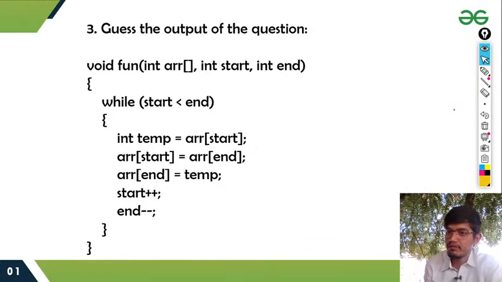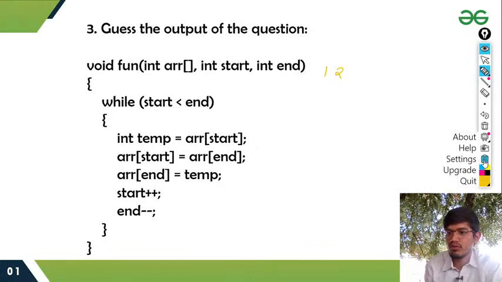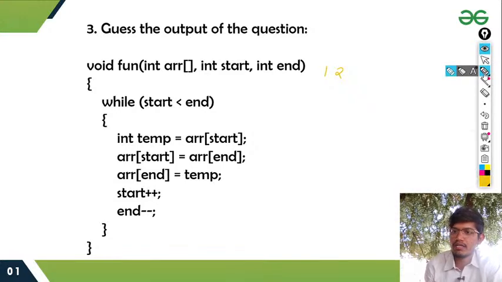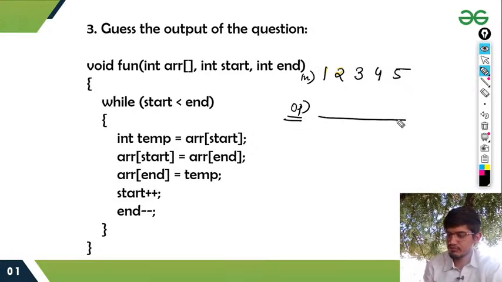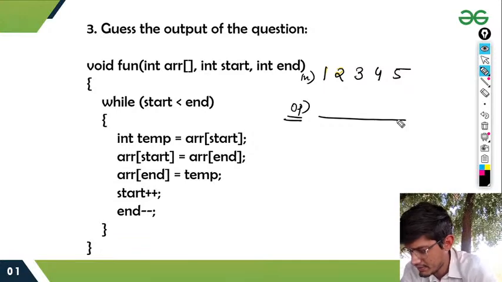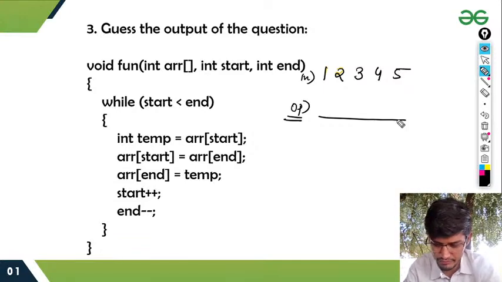So the example we can take for this problem is values like 1 2 3 4 5. This is the input. Now what will be the output when we try to run this code? If you are watching, please try to answer in the comment section.